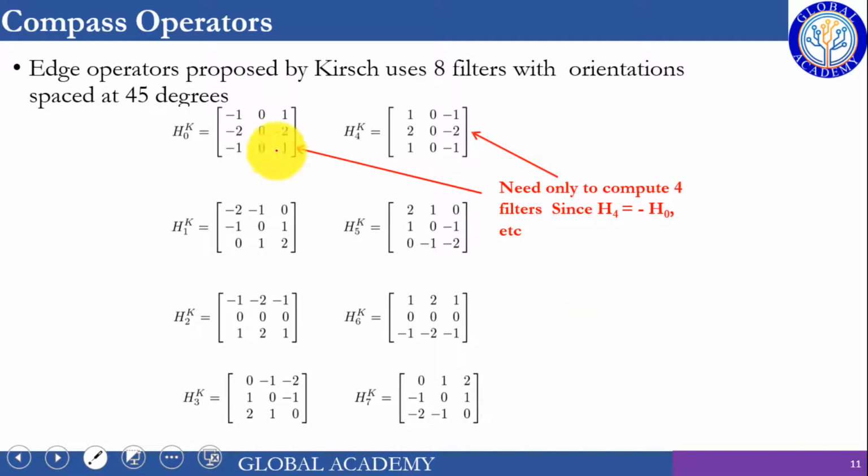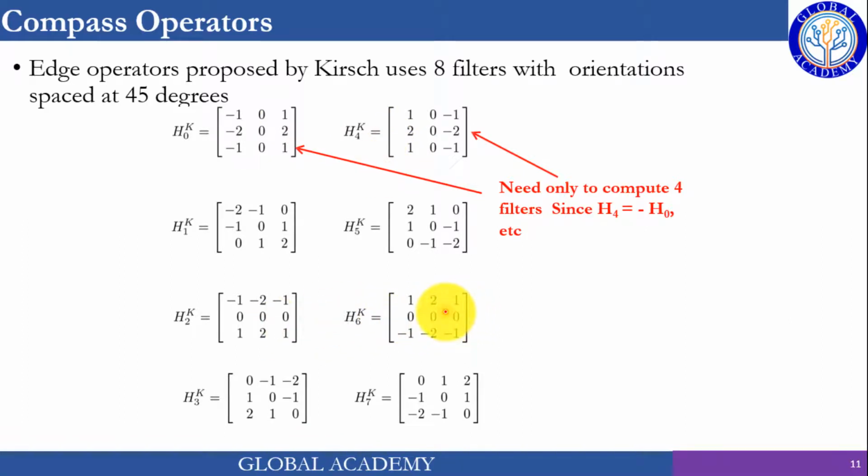So the zeroth kernel like this one, these are a set of 8 filters, or a set of 8 kernels, which are proposed by Kirsch. The zeroth and second kernels are exactly Sobel operators. And then these two, fourth and sixth, are the flipped version or negative of the same filters.